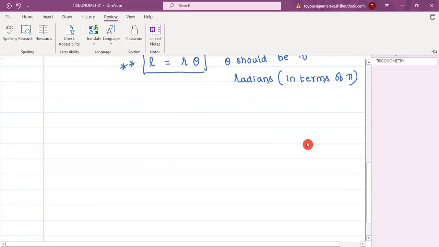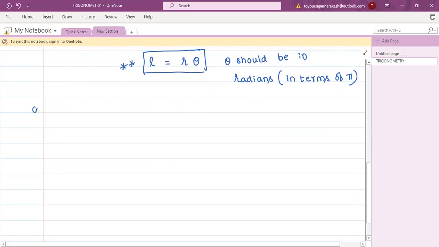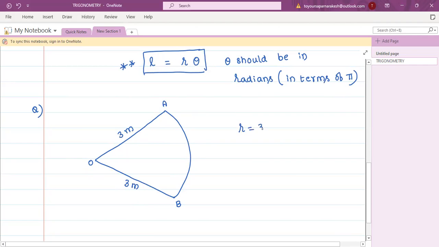Okay. Now see one example. Here in the question, AB is the given circular arc and O is the center. The radius is given as 3 meters.